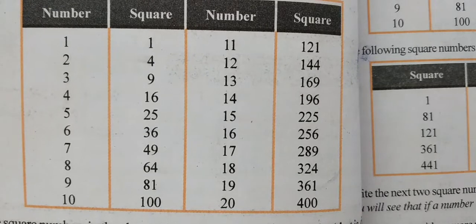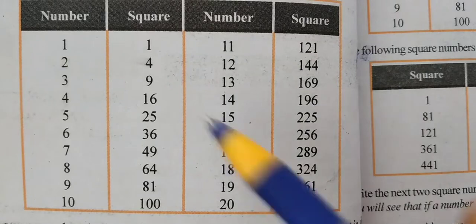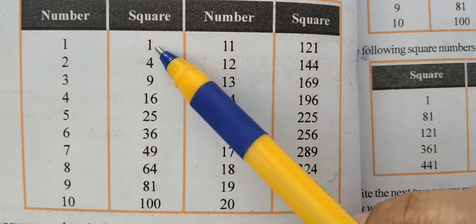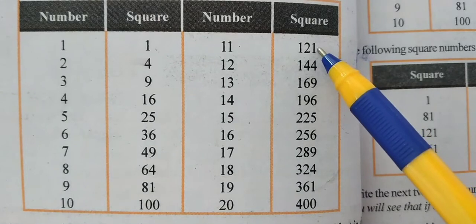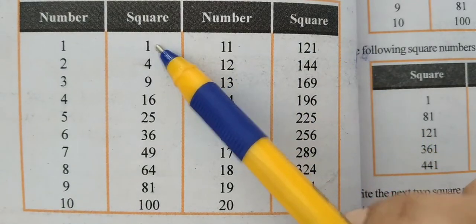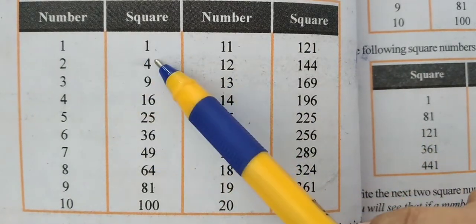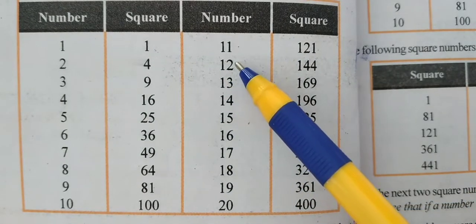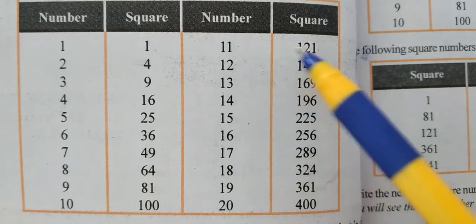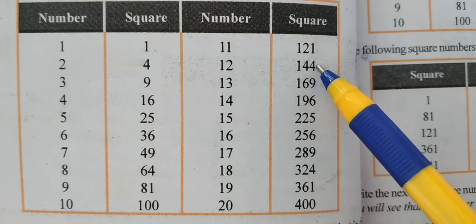So the squares of 1 and 11 end with 1. Okay, then squaring 2 you get 4. So when you square 12, last digit 2, on squaring, what do you have?